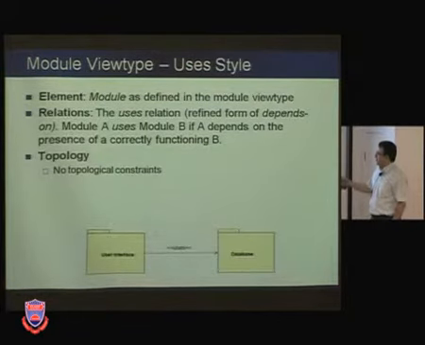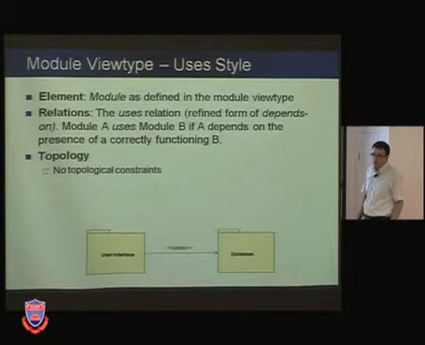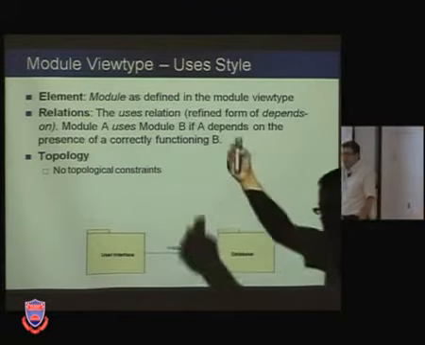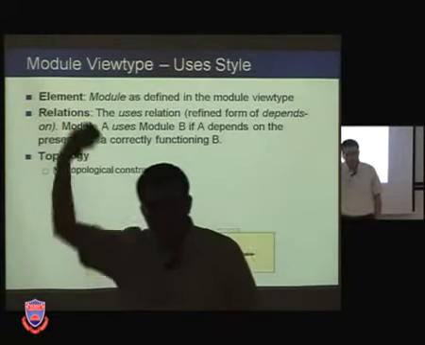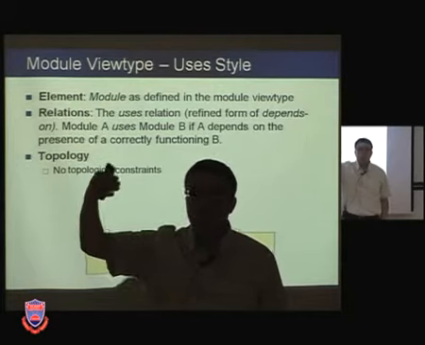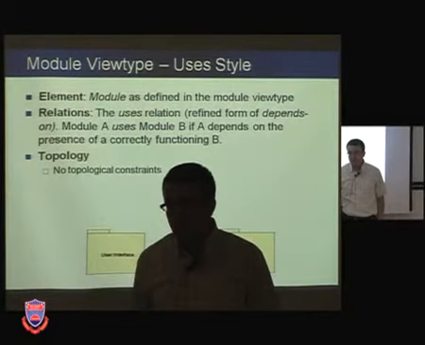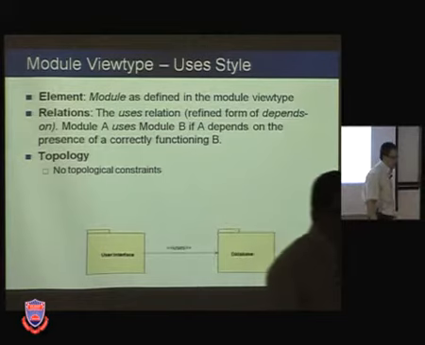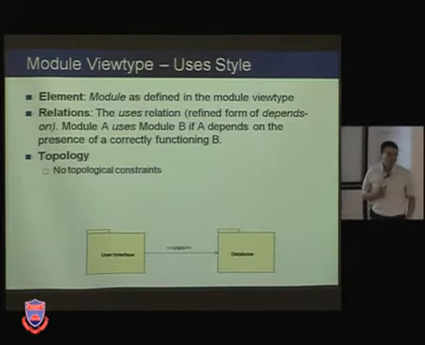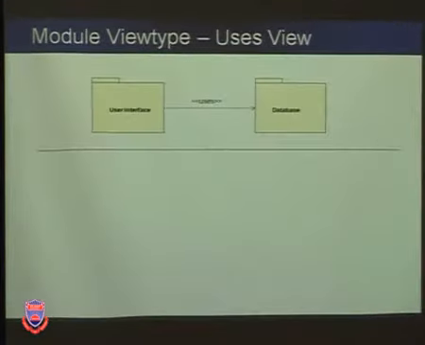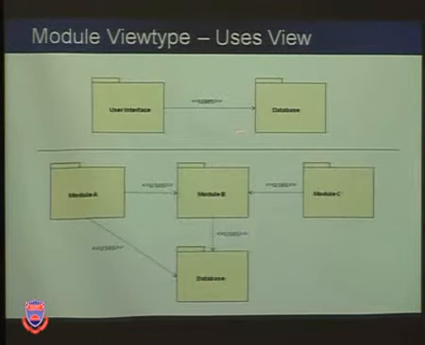This is the template, of course, and typically we could see it as a part of the uses view. Like we had the viewpoint and view, here we have the view type. We constrain, we get the style, we get the view. Okay. So this is an example, and this is another example. It's more refined.